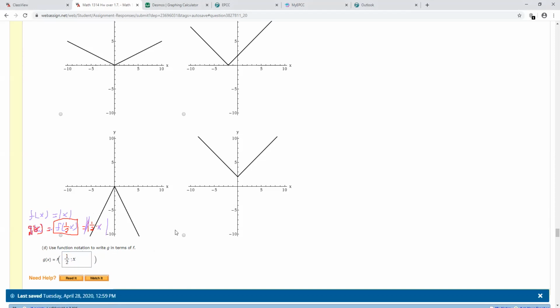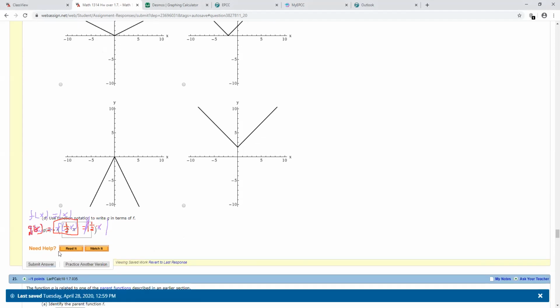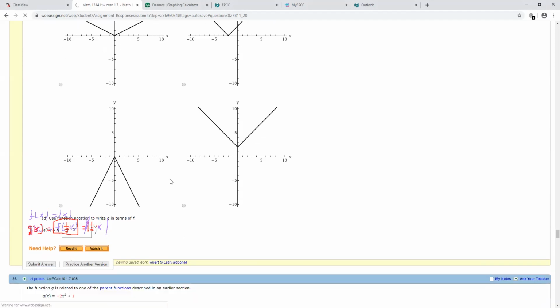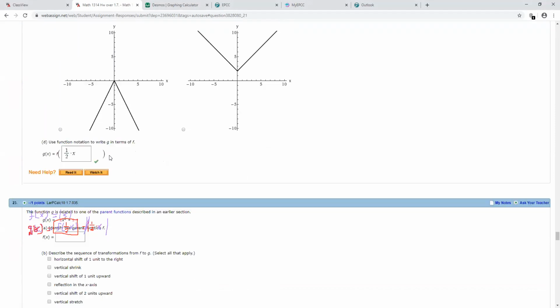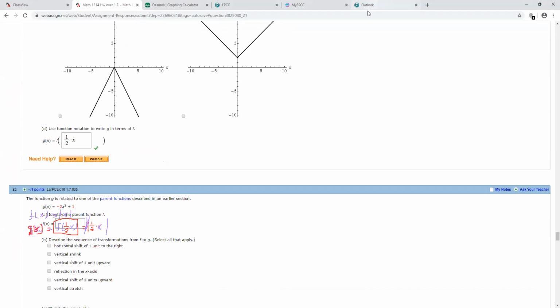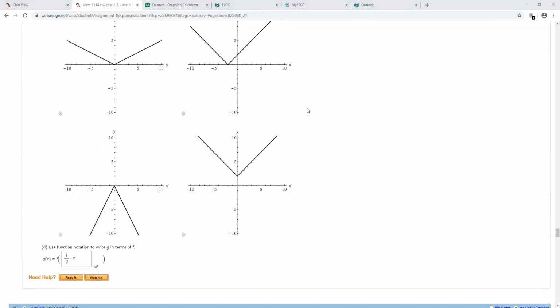And now, well, I guess we could check that. We got this part right, this part right, this part right, and now we just have to match the graph. It would be A, or the first one. Yeah, very good.